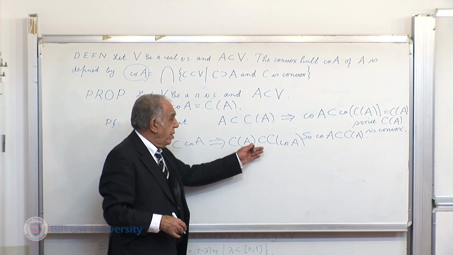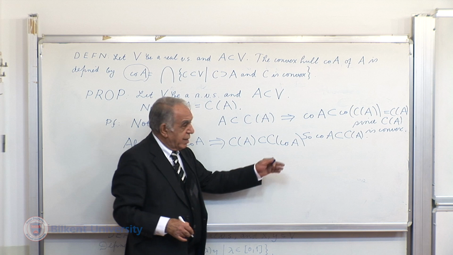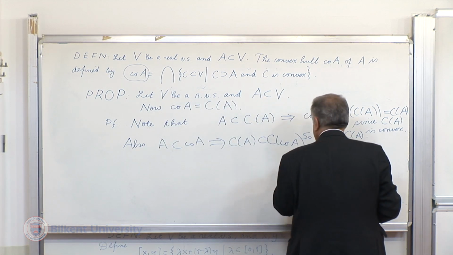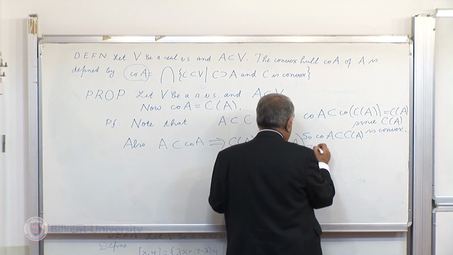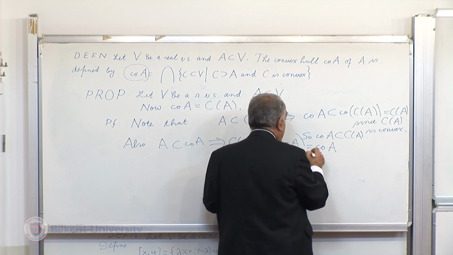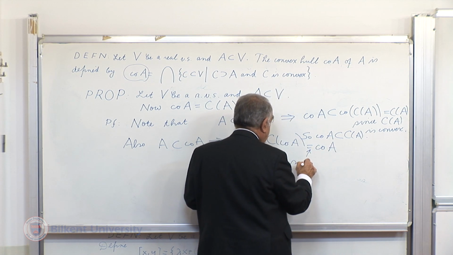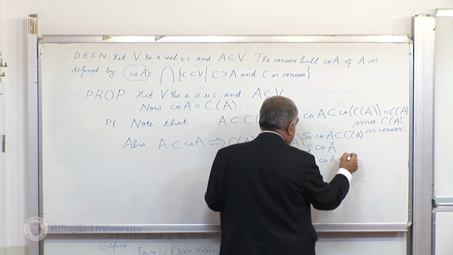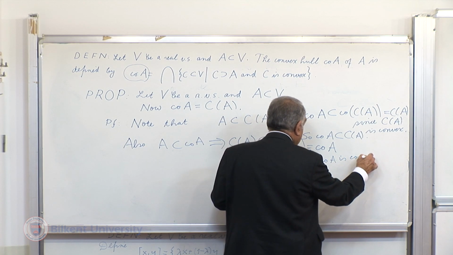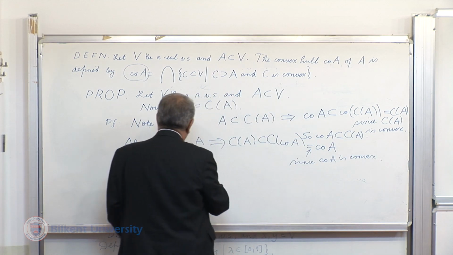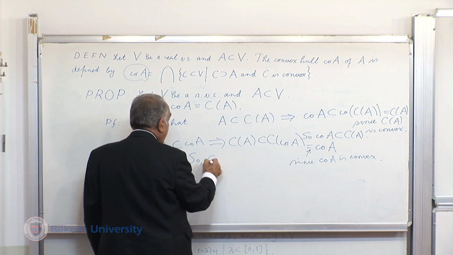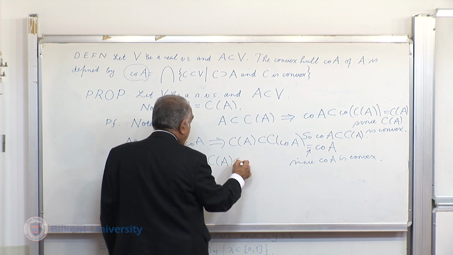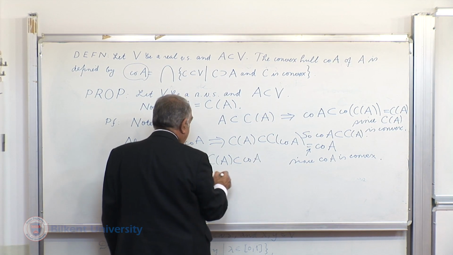But what do we know? C of a convex set is just itself, since the convex hull of A is convex. So C of A is contained in the convex hull of A as well.